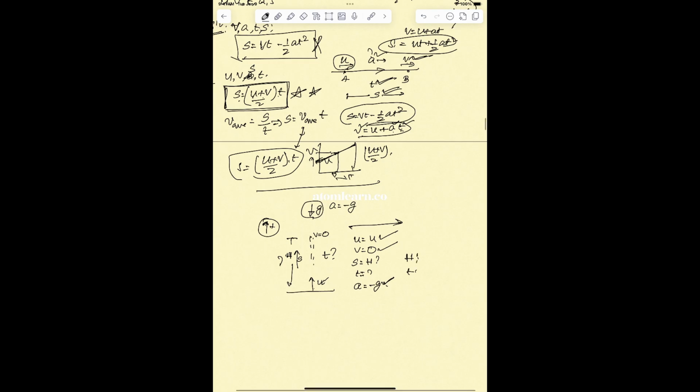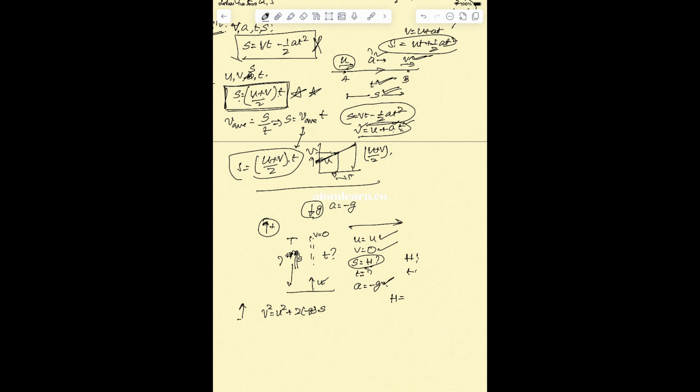Like for example, in this case, what do we do? First of all, let us form the equation involving s. Therefore, s is equal to h. I am putting it as positive because displacement is from bottom to top. h equal to v squared minus u squared by 2a. That formula we are going to use. The formula itself can be converted as v squared equal to u squared plus 2 into a, which is minus g, into s.